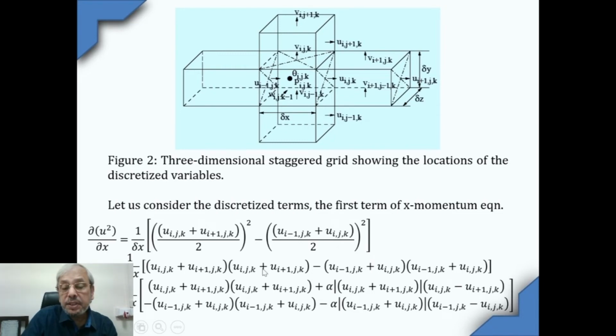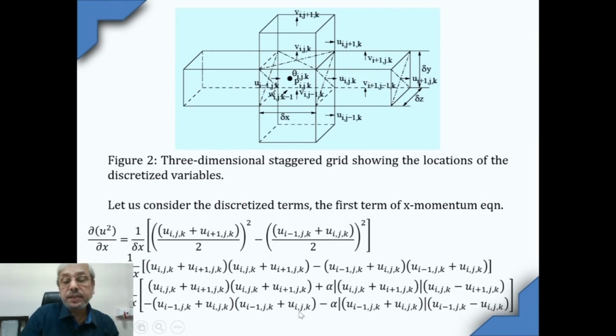This represents these two terms, and the terms which are subtracted are represented this way: ui minus 1 jk plus uijk into ui minus 1 jk plus uijk, minus alpha, again ui minus 1 jk plus uijk. These two terms together are brought under modulus sign, and then ui minus 1 jk minus uijk.